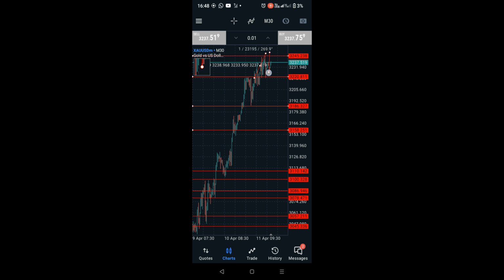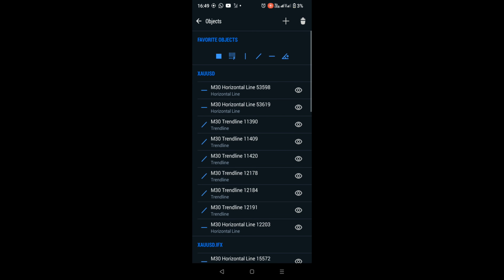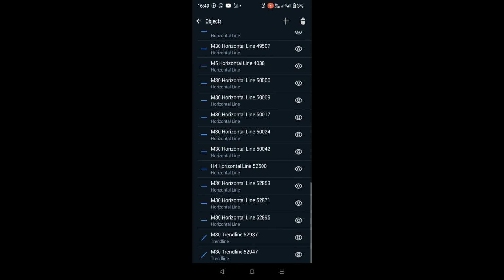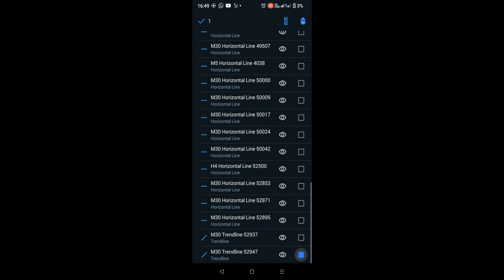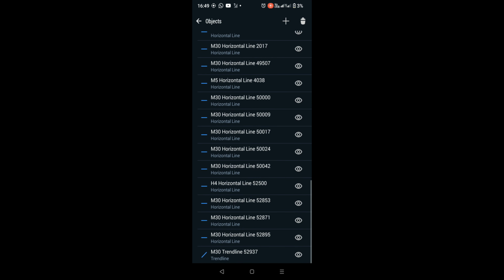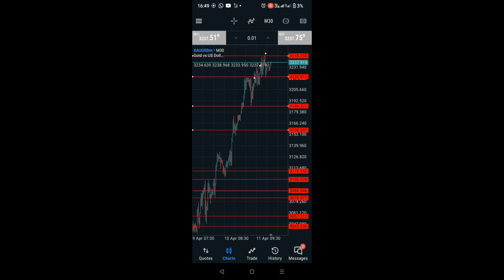The market went down here, I guess. Okay, let me just delete that one. It is a bit difficult for me to do this with these lines that I'm using right now, because I'm using a phone. So I hope next time I'll be on the PC on TradingView so that I can show you perfectly.